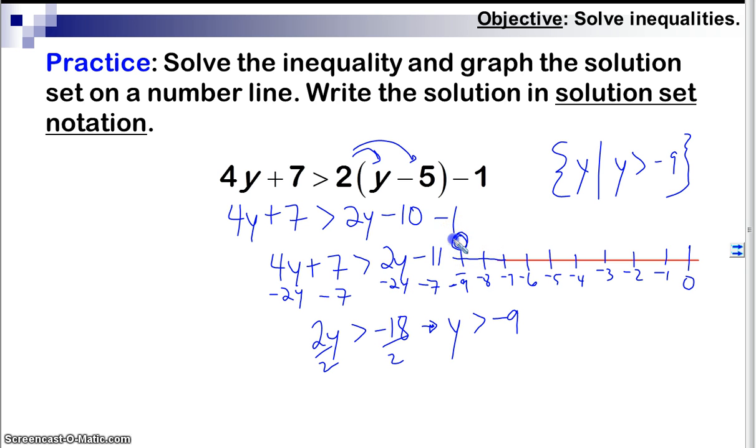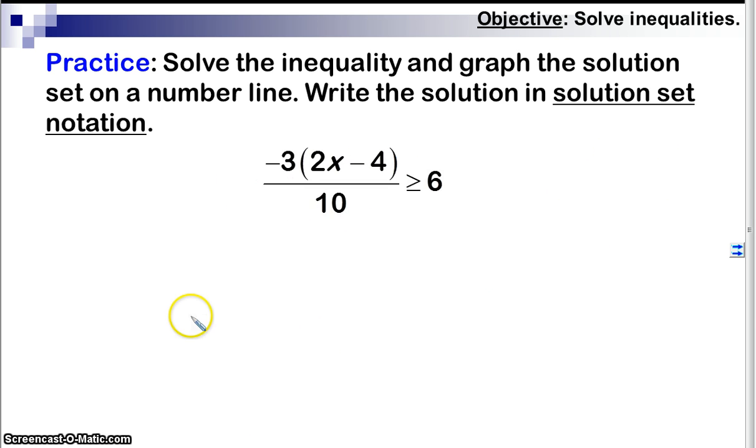Greater than, so open circle and arrow this way. Okay, and those are answers. All right, there's another practice problem. So again, if you want to pause it, go ahead and pause it, and then I will do the solution. So pause it now.